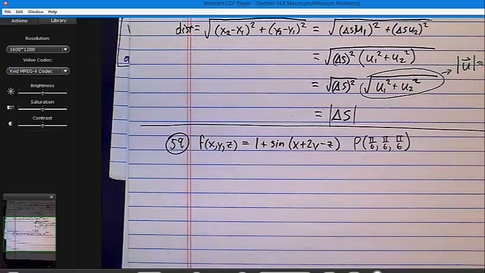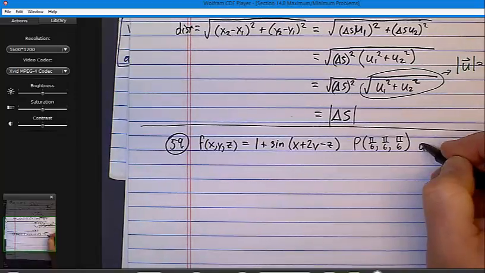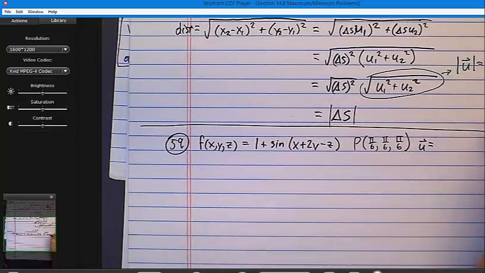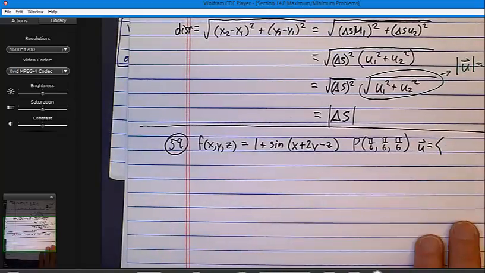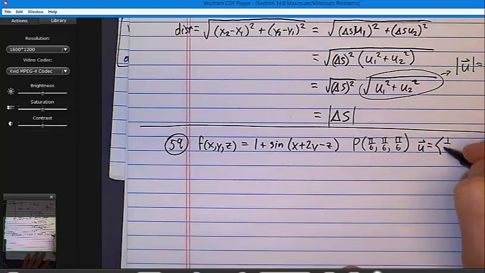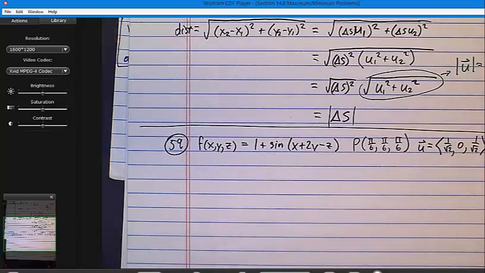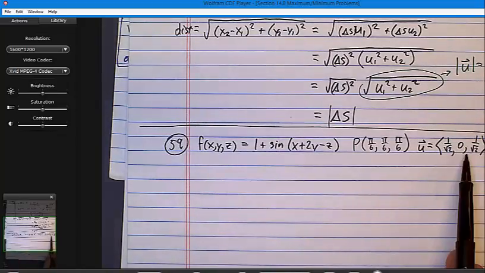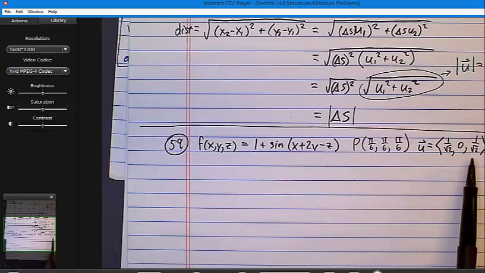And then they give me a unit vector. So this is my point. My unit vector, I'll call it u. They didn't say that. But they say that the unit vector is 1 over square root of 2, comma 0, comma 1 over square root of 2. Do I believe that's a unit vector? Sure, because if I square this thing, I get a half plus 0 plus a half. That's 1. Square root of 1 is 1. So that's a unit vector.